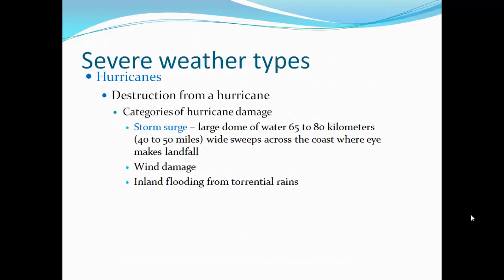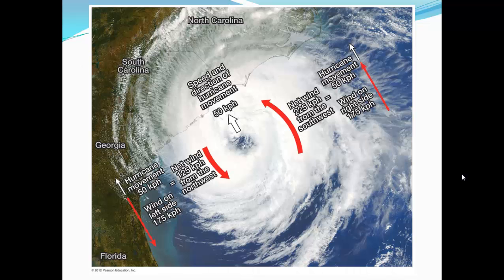The storm surge is actually a large dome of water, 40 to 50 miles wide. Basically, the hurricane is pushing the water so it domes up, and it goes across the coast where the eye makes landfall. Then you also have wind damage on top of that, and inland flooding from torrential rains.